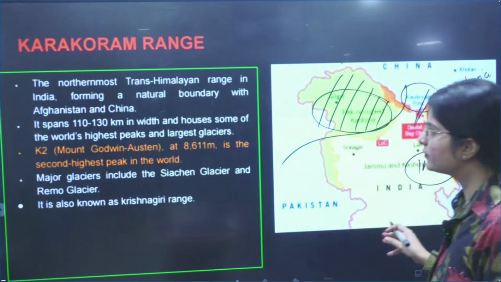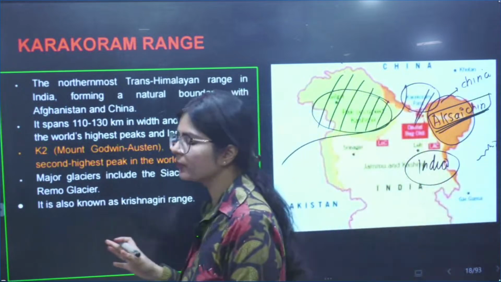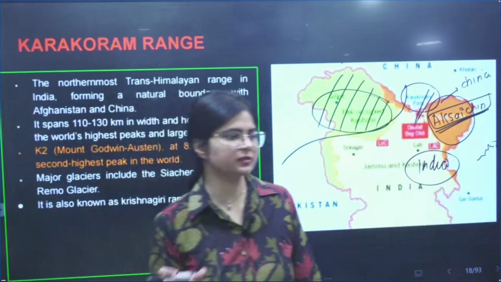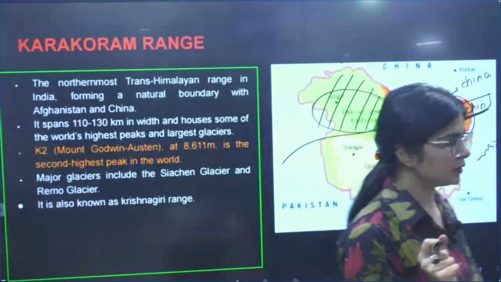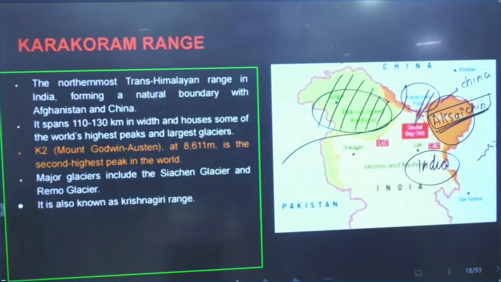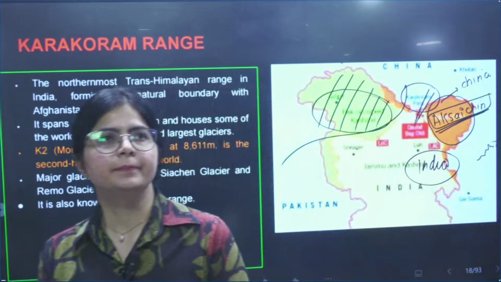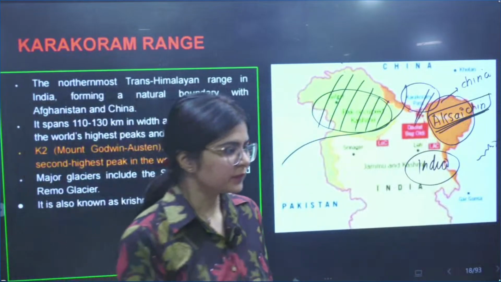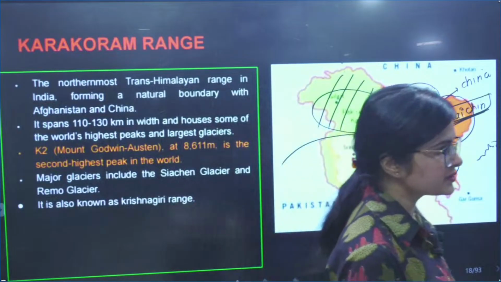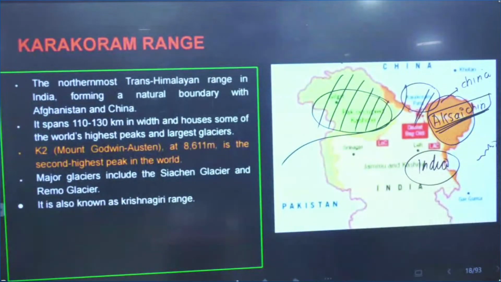So in the Karakoram ranges, not only from the perspective of geographical space, but for the boundary also that we are sharing with China, this range is very, very important for us. So it is very important for the people to study. I'm talking about the advisors, the important people who are involved in security purposes, to study this area very, very closely.